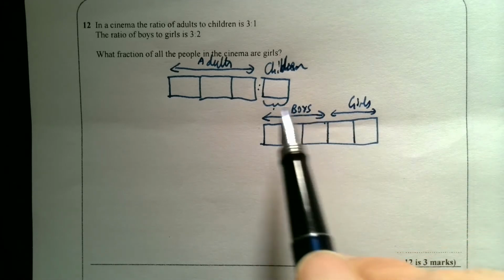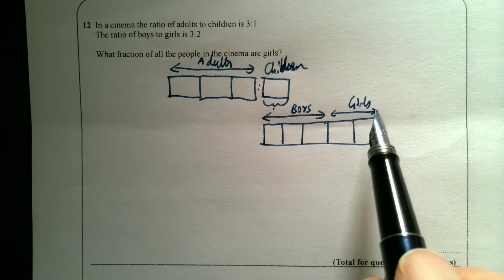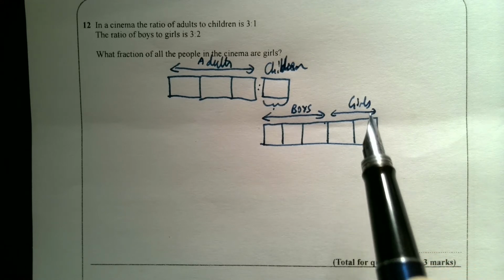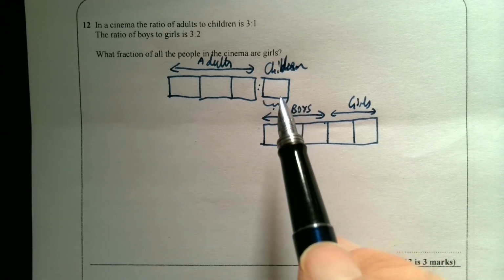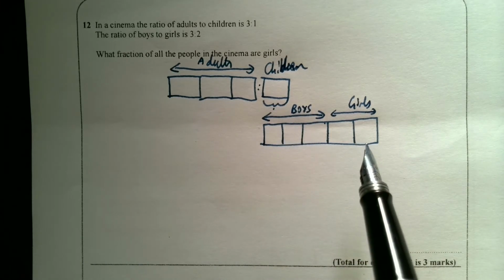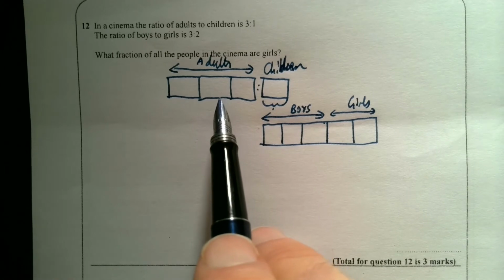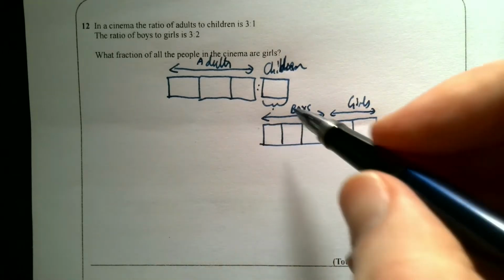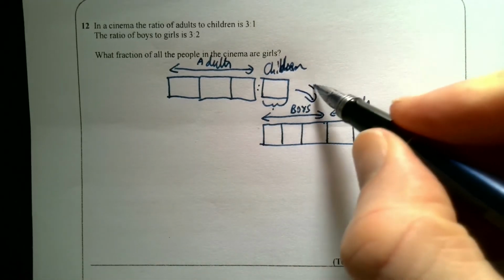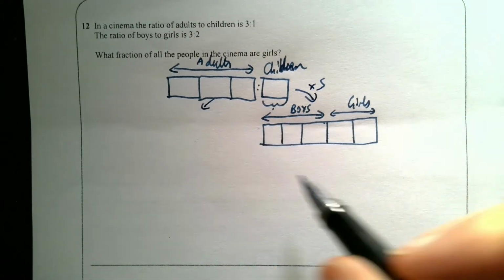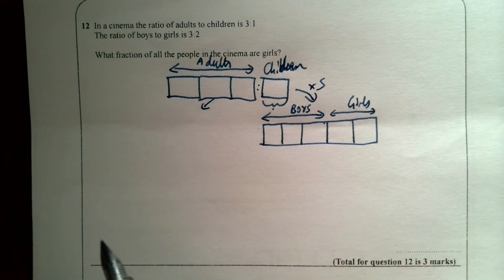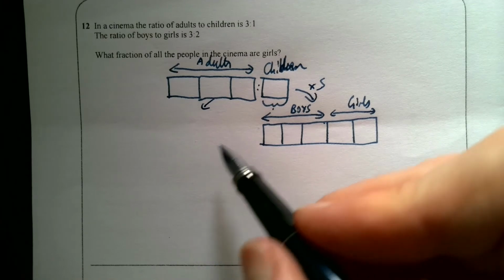Now how many times bigger is this bar that we've got here? We've just said instead of having one box, we're going to have 5 boxes. So that means if this is still going to be in proportion to the adults, we would need to multiply the number of boxes that we had for adults by 5, which would give us 15.